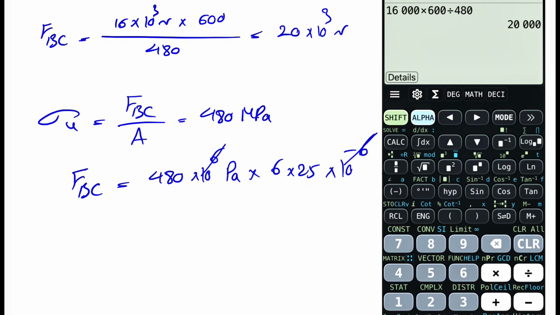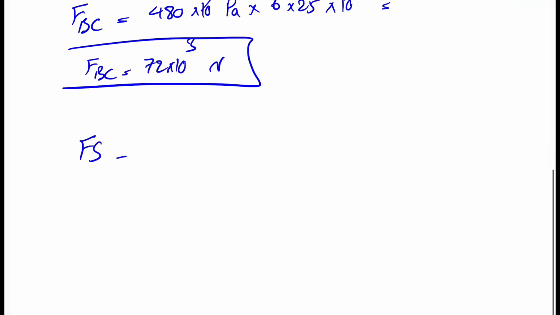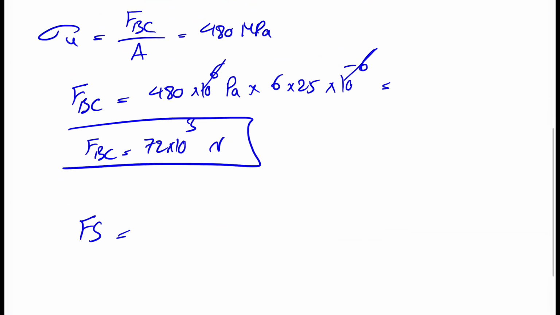These cancel out, and we can find FBC: 480 times 6 times 25. Our FBC would be 72,000 Newton.